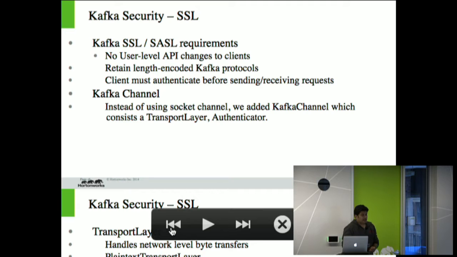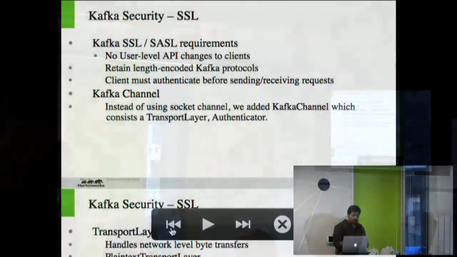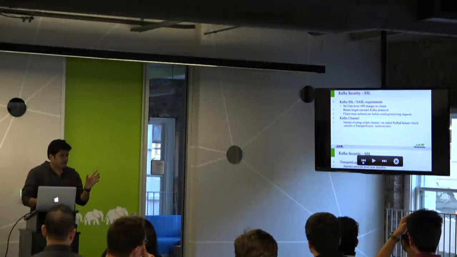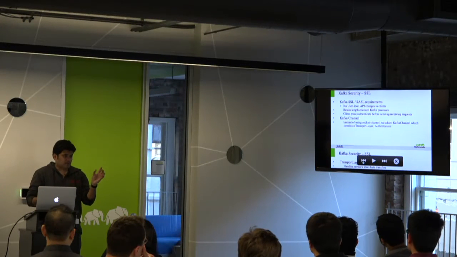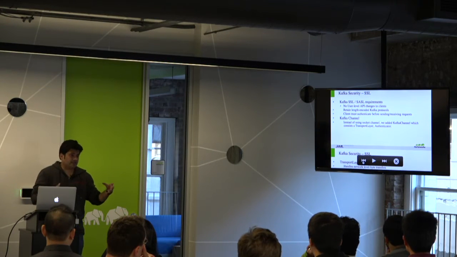Now the challenge with SSL and SASL implementation was Kafka kind of has this agreement with the users that between a version to the next version, they will not break any backward compatibility. So we had to implement the new features, SSL and SASL, without breaking the binary protocol. Kafka has length encoded protocols, meaning they don't use any existing encoding scheme.